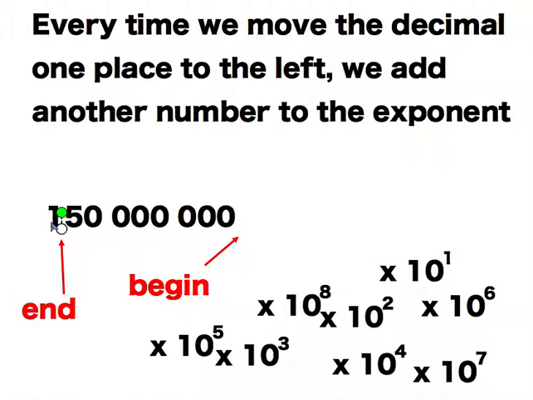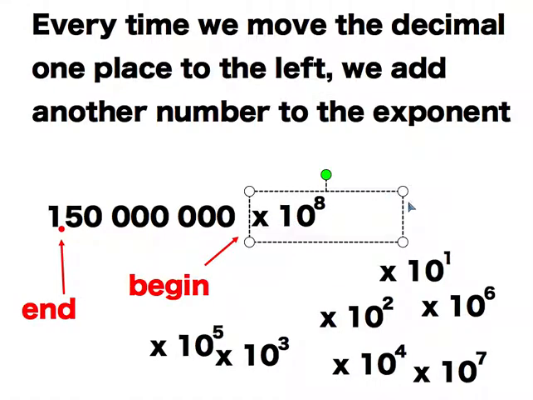So we would have 1.50, and we would actually have to count how many decimal places we've moved it. So we moved it 3 spots here, plus another 6, plus 7, plus 8. So that means it would be times 10 to the power of 8. So 1.50 times 10 to the power of 8 would equal 150 million.